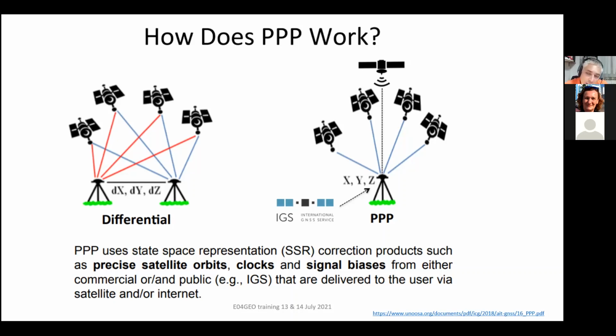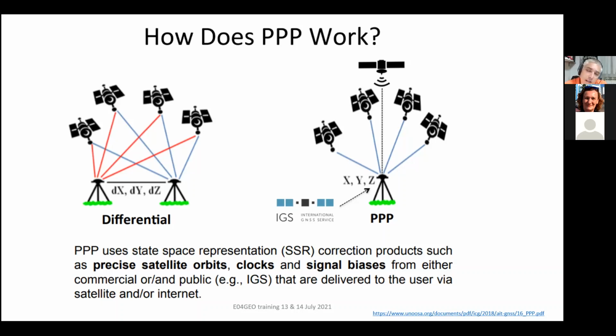On the other side, we have the PPP, which is an absolute method. We have only one receiver observing at least 4 satellites, but we also have some additional information in order to assess the errors and to improve the accuracy and performance. You can see a logo of IGS providing this additional information, for example.